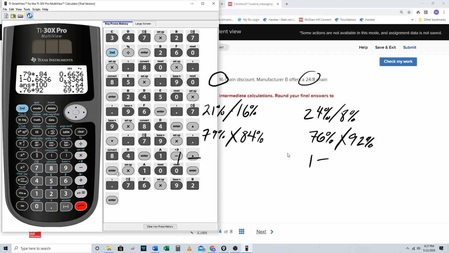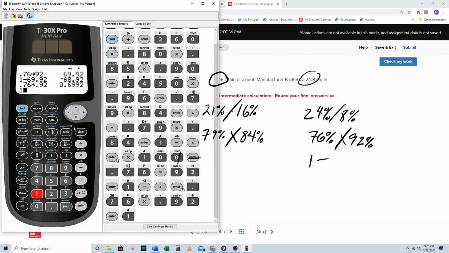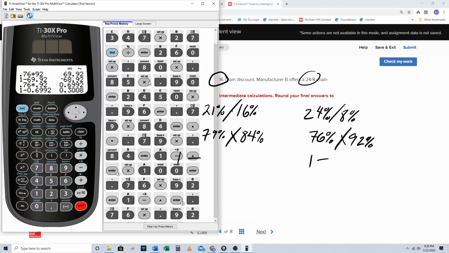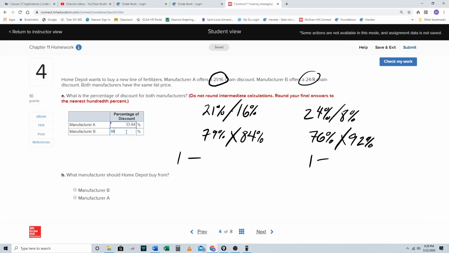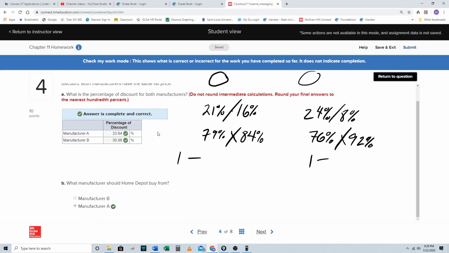All right, and we do 1 minus that answer, which, I forgot to change that to a decimal again, didn't I? 76% times 92% as decimals, and then 1 minus that answer is 30.08%. Now, which one gives you a better discount? Manufacturer A, better discount. And there it is. All right, so we're halfway done with the homework.